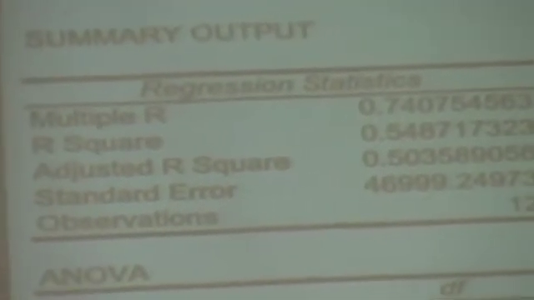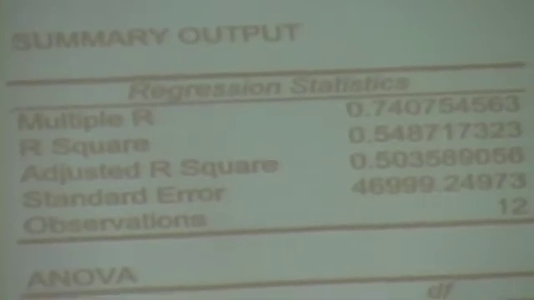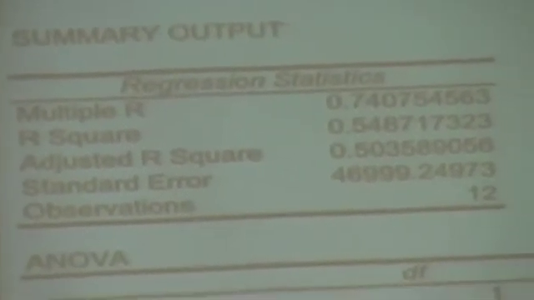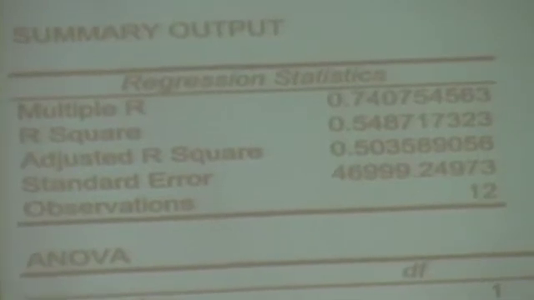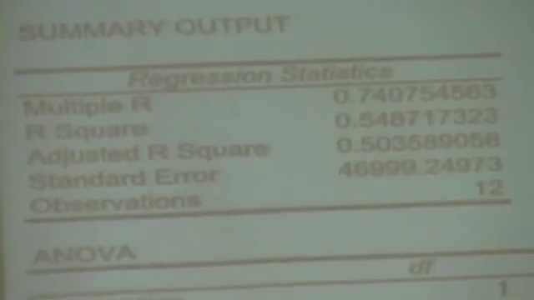It's another measure of goodness of fit, and it would be a perfect fit if it were 1. One is a perfect fit of the points with the line.